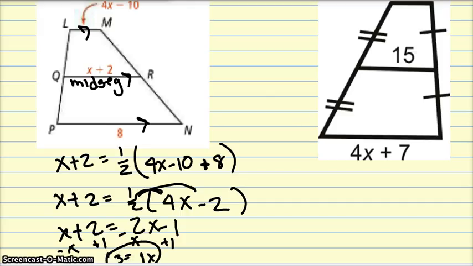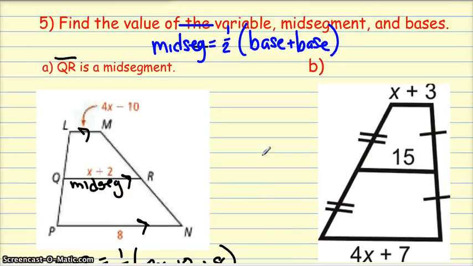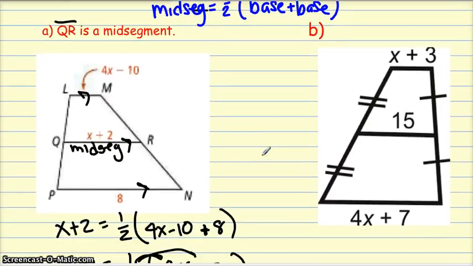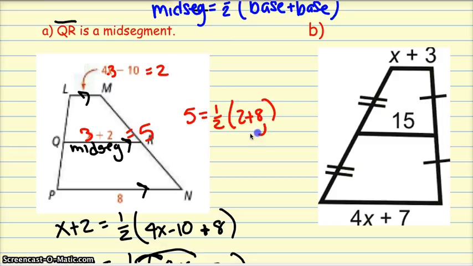It's asking that we find the value of the variable, the midsegment, and the bases. So if the value of x is 3, the midsegment would have to be 5. If the value of x is 3, then this would be 12 minus 10, so that's 2. And this one is 8. So look at that. The midsegment is equal to half the sum of the bases added up. So this gives me 10. Half of 10 is 5. So yes, that holds.